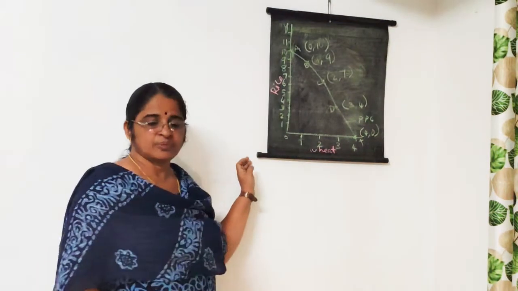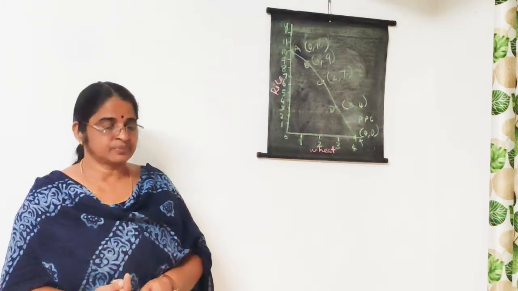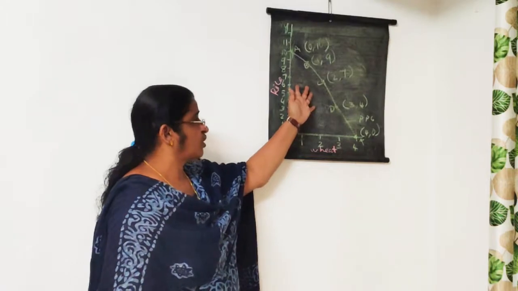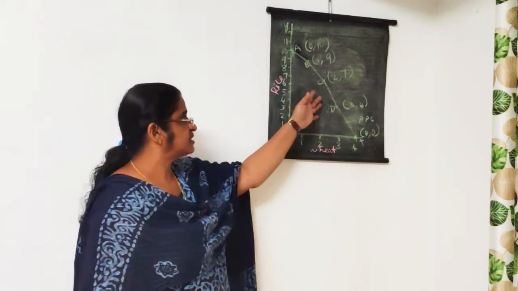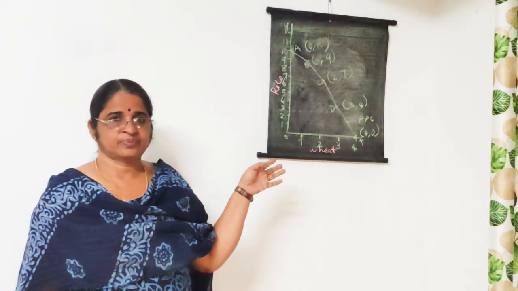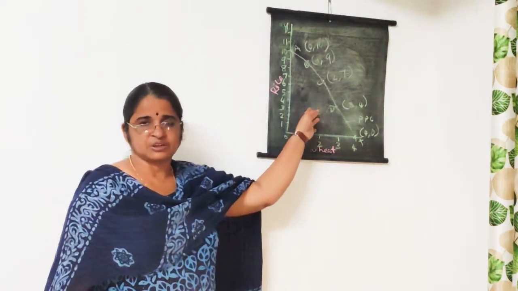The next topic is the features of the production possibility curve. When we join the points A, B, C, D, E, we get a curve. That curve is known as the production possibility curve.